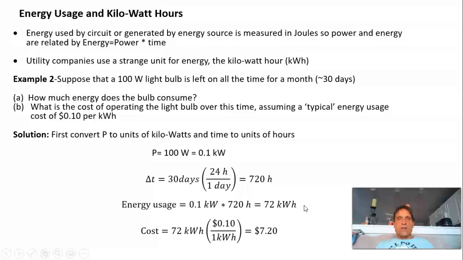So if you know how many watts your light bulb or whatever you leave plugged in and running is rated for, and usually it'll be on the tag or on the bulb. The next thing we need to do is multiply 72 kilowatt hours by 10 cents per kilowatt hour, and that's a cost of $7.20 per month.